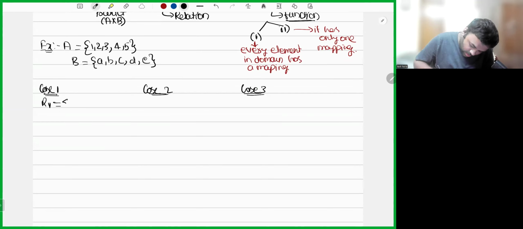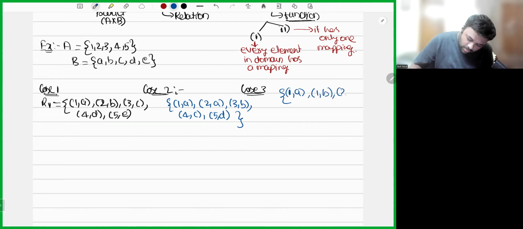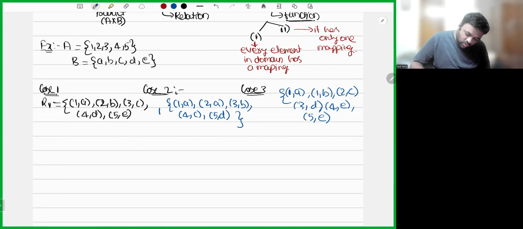R1: 1 comma A, 2 comma B, 3 comma C, 4 comma D, 5 comma E. Case 2: 1 comma A, 2 comma A, 3 comma B, 4 comma C, 5 comma D. Case 3: 1 comma A, 1 comma B, 2 comma C, 3 comma B, 3 comma D, 4 comma E, and 5 comma E. These are the three relations given: relation 1, relation 2, and relation 3.